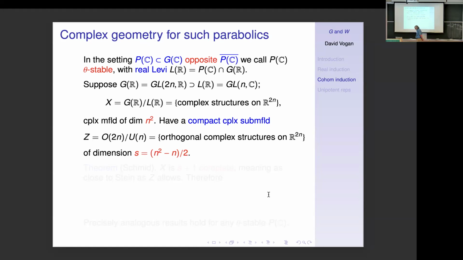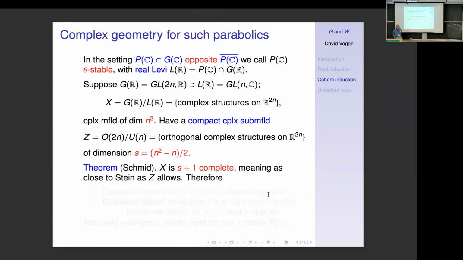And a feature of Stein manifolds is that the only compact subvarieties they can have are finite. So this manifold X has a compact submanifold of dimension sort of half the dimension. So it has no chance to be Stein.